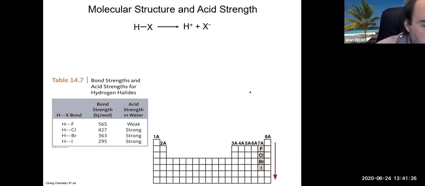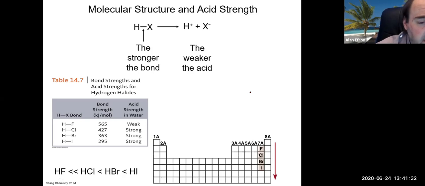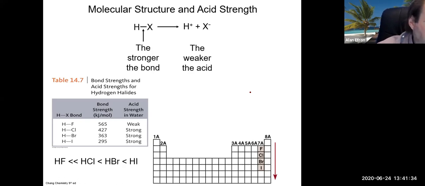So the next topic I want to talk about is acid strength. The strength of the acid does really depend on the type of acid that we're dealing with. In the case of this type of acid that we see on the screen, these are acids that do not contain oxygen. So these are things like HF, HCl, HBr, HI.